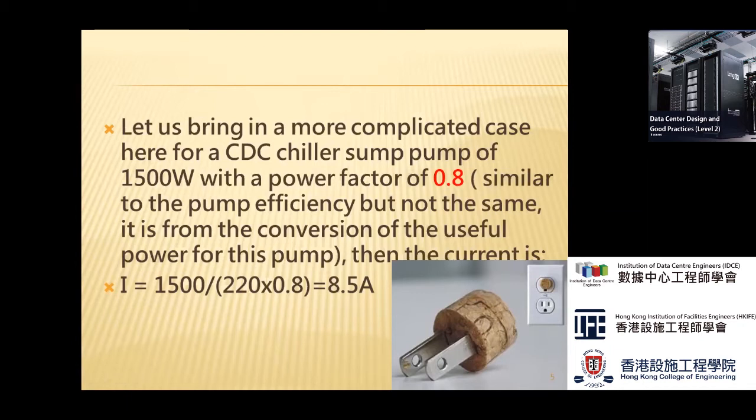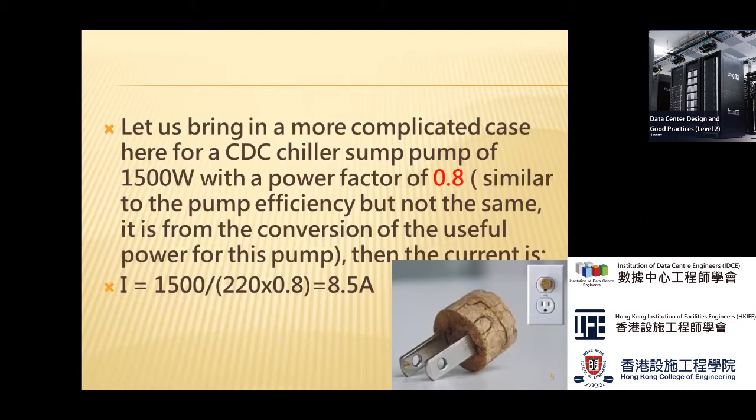Actually, it's more than if the power factor is 1. If you take out this power factor, assuming this is 1, then you can use the 1,500 divided by 220 volt as we did before. You find that the current is only about 6.8 amp.